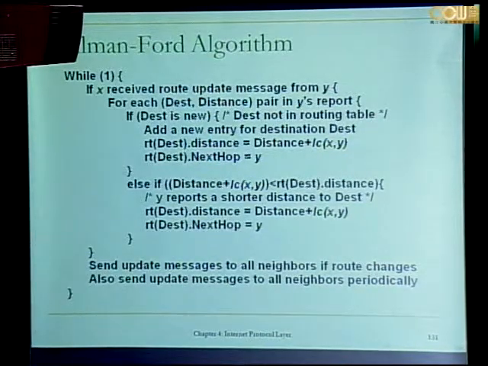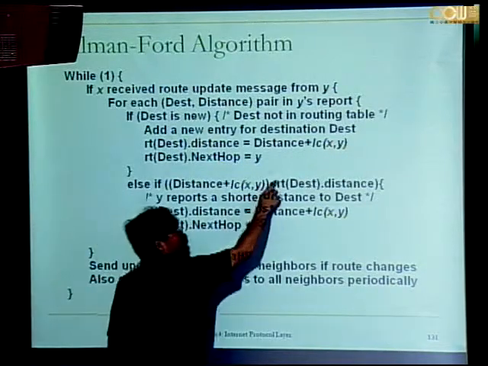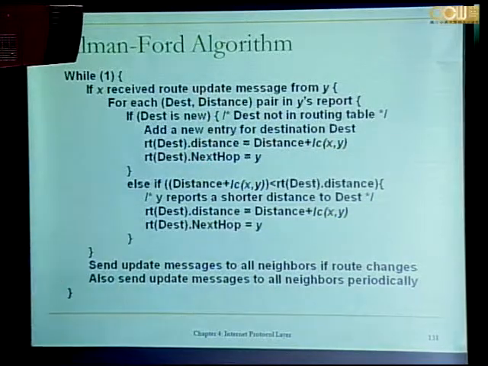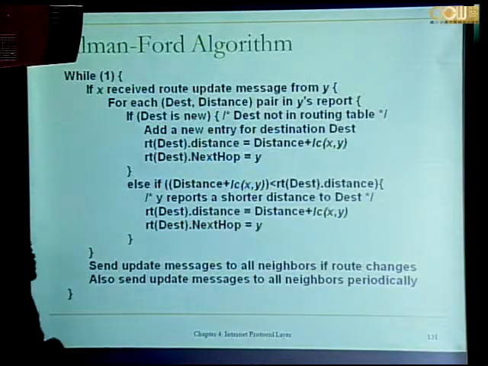Better. Worse. If you think this is a better path, raise your hand. Worse path, raise your hand. Okay, you're not sleeping, so good. So that means my neighbor is providing me a better path.